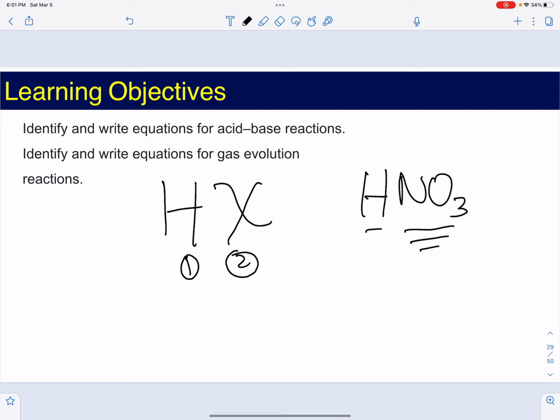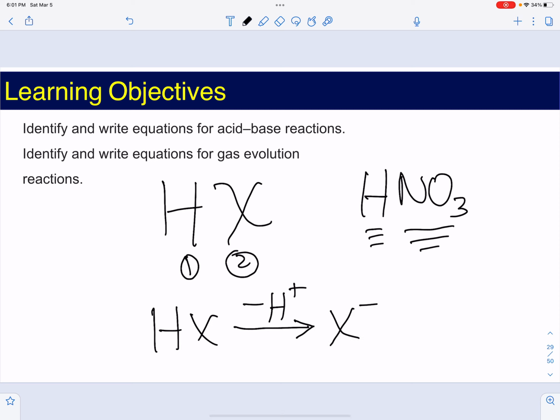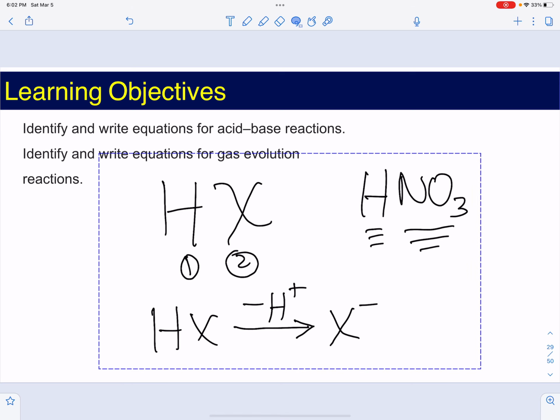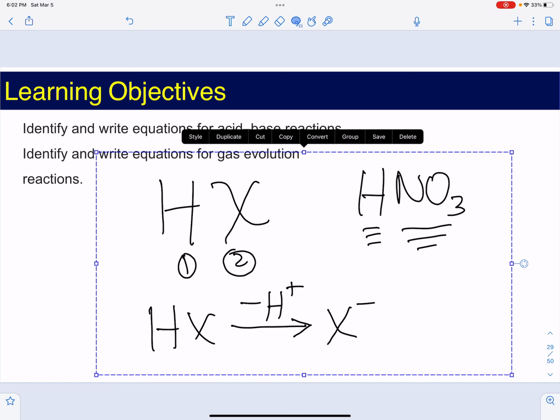But it always begins with hydrogen because by virtue of being an acid, it's going to lose that hydrogen in the form of H plus, which we call a proton, producing whatever remains. So the main idea is that it loses the hydrogen to something else. That something else that captures the hydrogen is what we call a base.